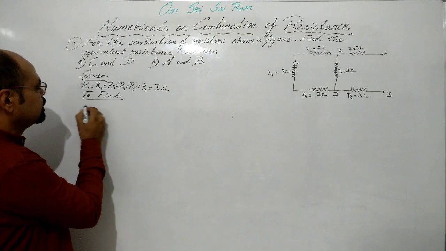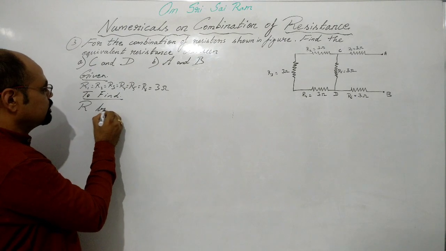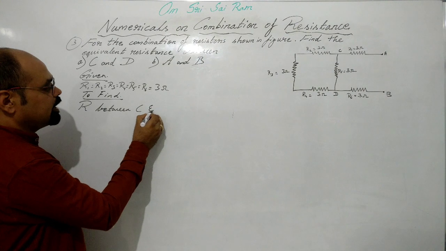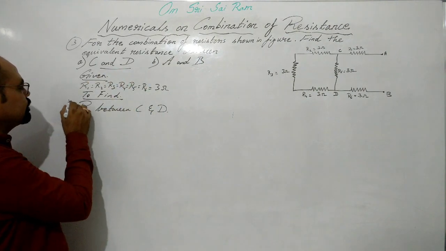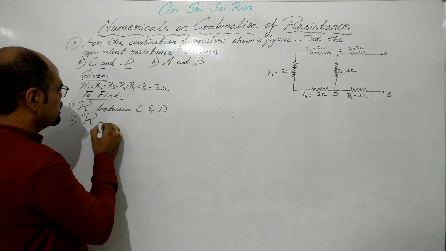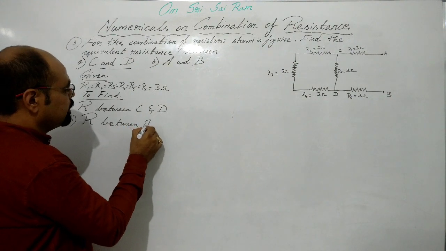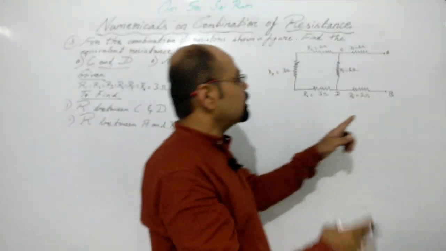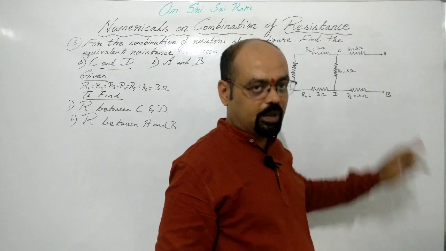To find the resistance between C and D, and the second one asked is resistance between A and B. This A and B represents from A all the resistors till B.